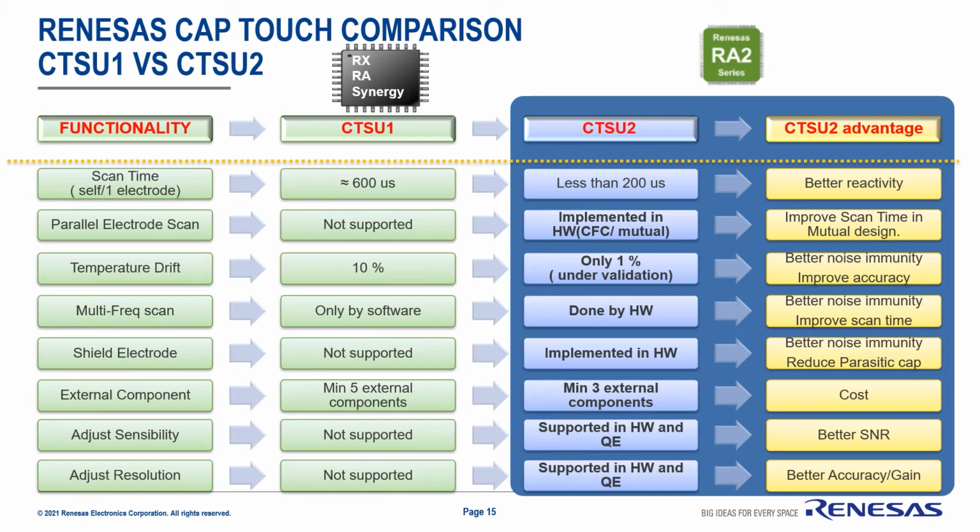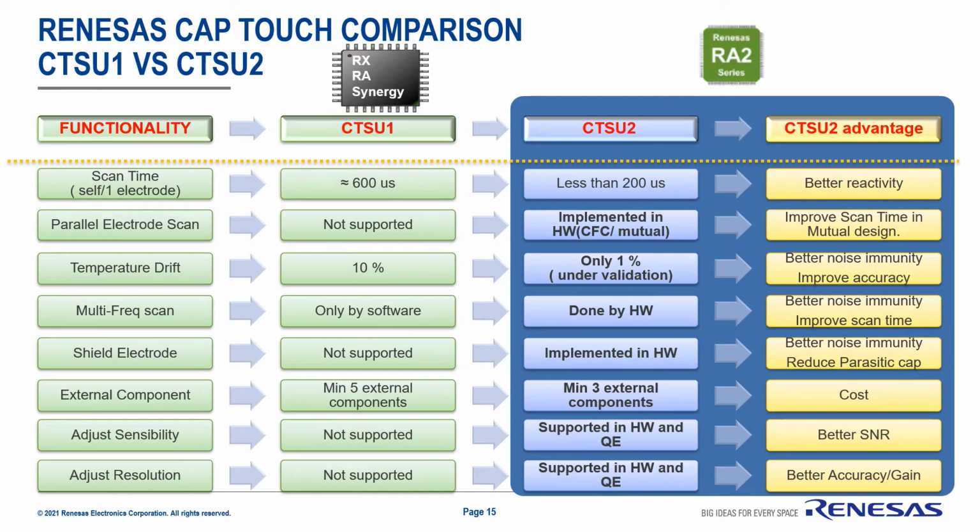What we have really improved, for example, is the scan time, in order to get better reactivity. We have also implemented some hardware features to perform parallel scans that permit, for example, detecting multiple fingers at the same time.